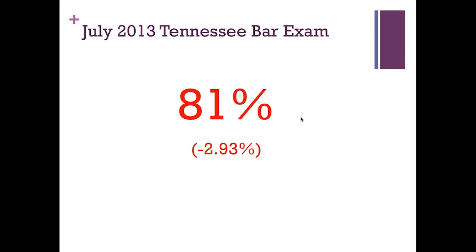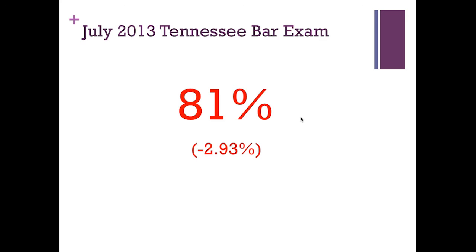And so on the July 2013 Tennessee bar exam, this is the first opportunity that our inaugural class, who graduated in May 13, had to take the bar exam. So for that administration, our students passed at an 81% first-time bar passage rate, which was slightly below the state average, but still nonetheless good considering that was our first class taking the exam.